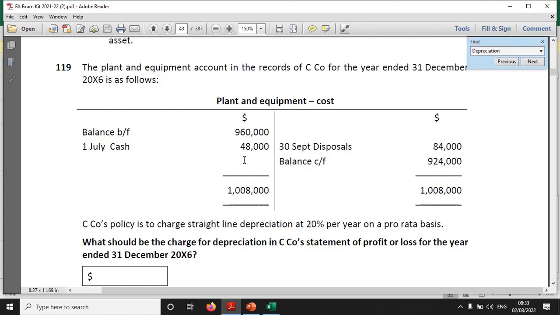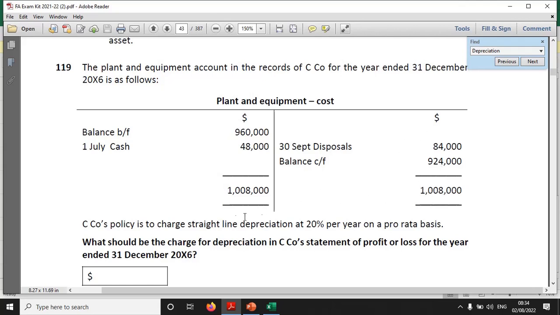The opening balance in our T account, I hope you can see that number there. Then we have got some assets that potentially could have been bought during the year, costing how much? 48,000. In the BPP book, they use additions. And we disposed of some assets valued at how much? 84,000, and the closing balance is that number there.